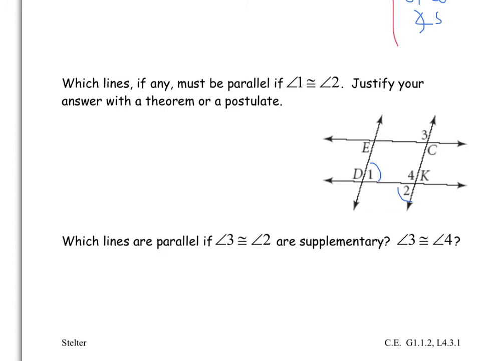When you are trying to figure out who's the transversal and who's the parallel lines, the transversal touches both angles. Okay, they make up a side of both of the angles. The two parallel lines only touch, one parallel line touches each, makes up the opposite side of the angle. So the transversal makes up one side of the angles, one of the parallel lines makes up the other side.